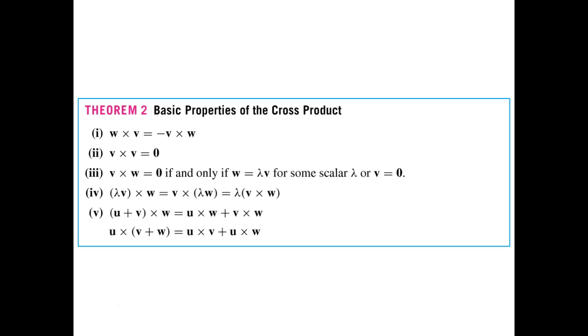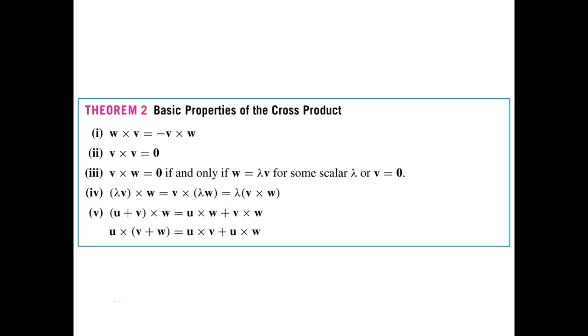Or if W isn't a multiple of V, then V has to be the zero vector itself, because that's the only way you'll get V cross W equal the zero vector: either W is a multiple of V, or V is a multiple of W, or one of those two vectors is a zero vector itself.